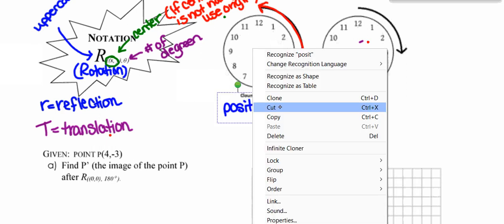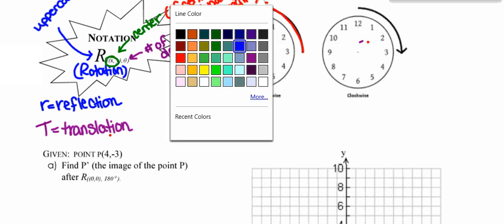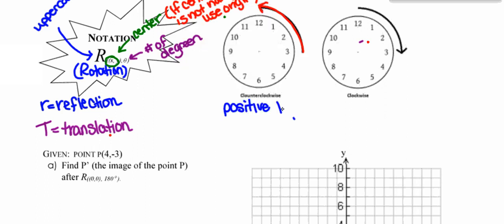And this can be a little counterintuitive for some students at times. So if we were turning something, say, positive 120 degrees or positive 180 degrees, those turns would be done in the counterclockwise direction.